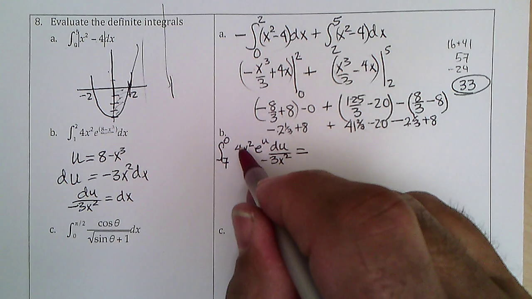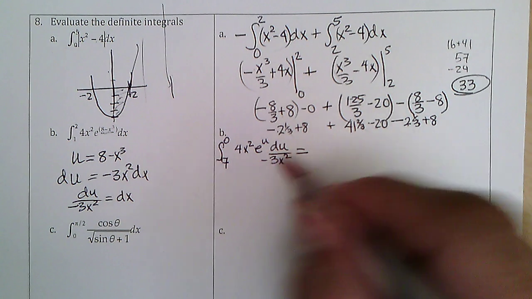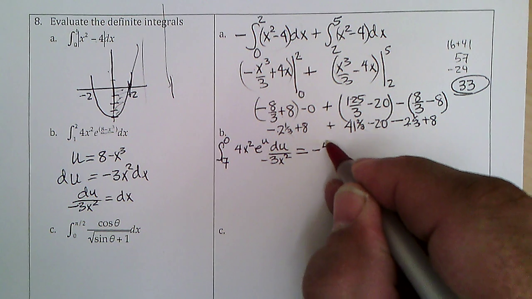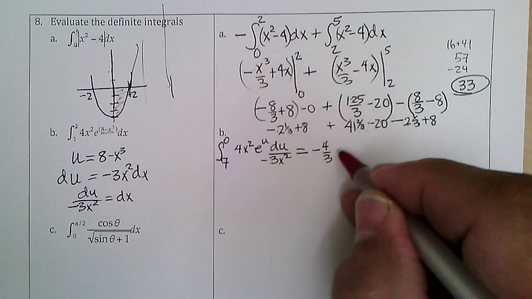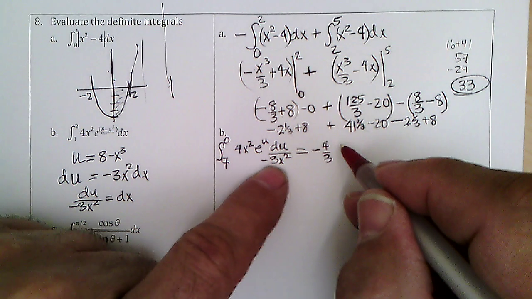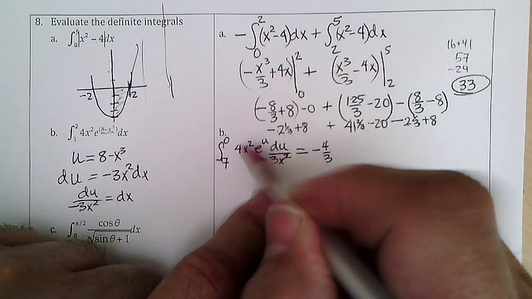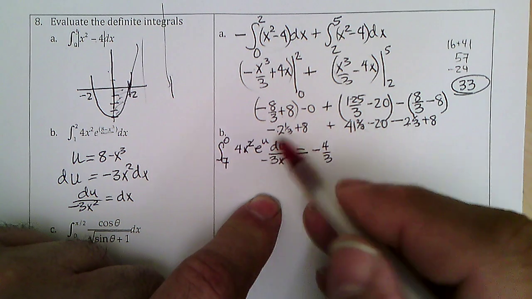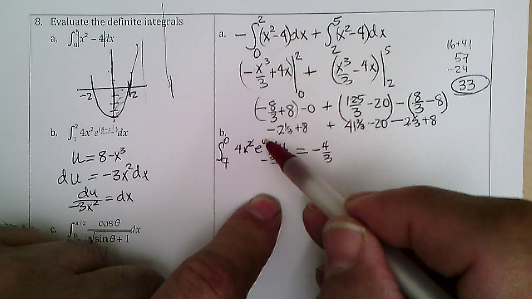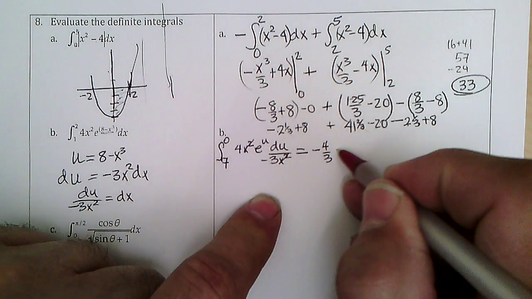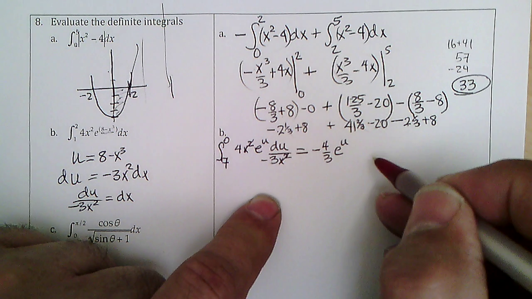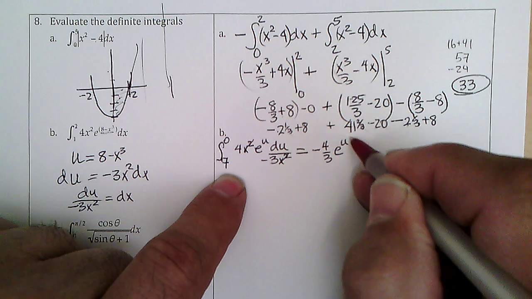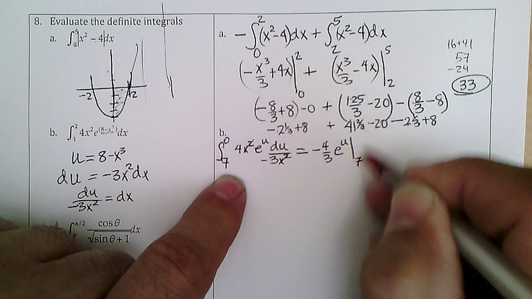So I can pull out the negative 4/3, and the x squareds would cancel, and I'd have to integrate e to the u du, which is just e to the u, and I'm evaluating that from 7 to 0.